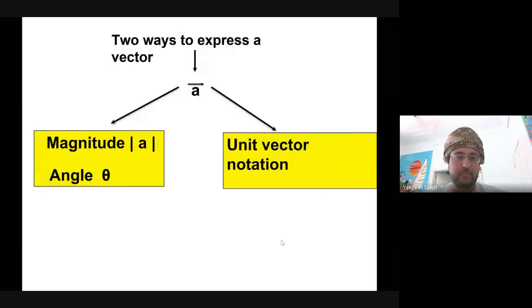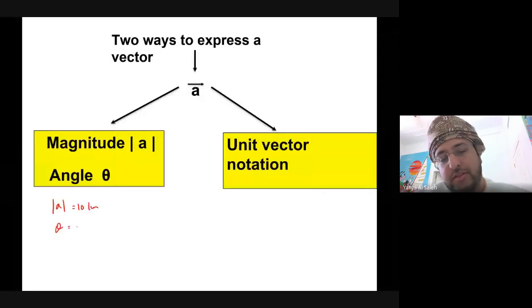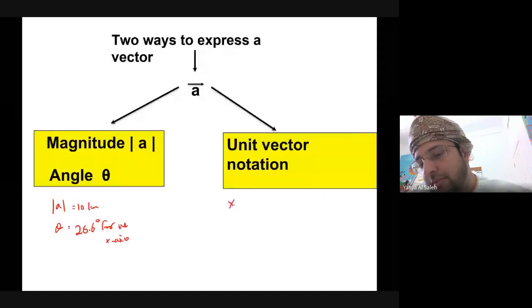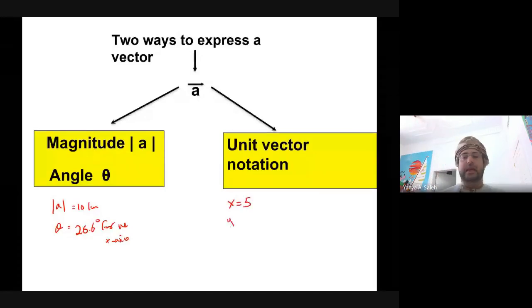The magnitude and angle is when I say my vector magnitude is 10 kilometers at an angle theta of 26.6 degrees from positive x-axis. The unit vector notation is what we were saying. I have x equals 5, y equals 10 مثلا.